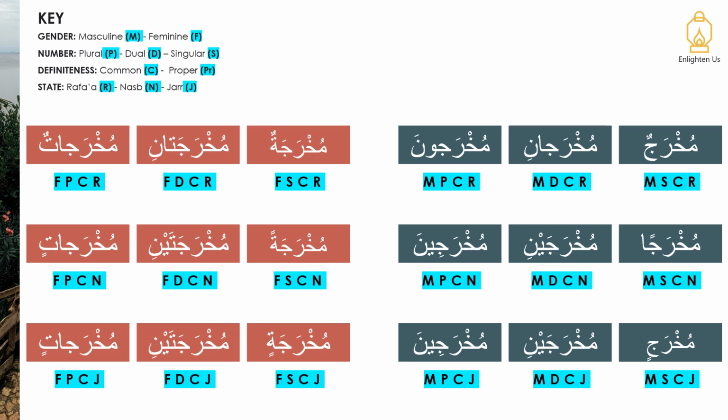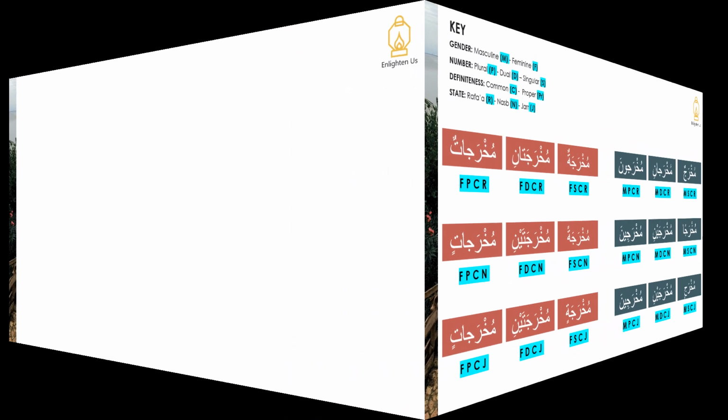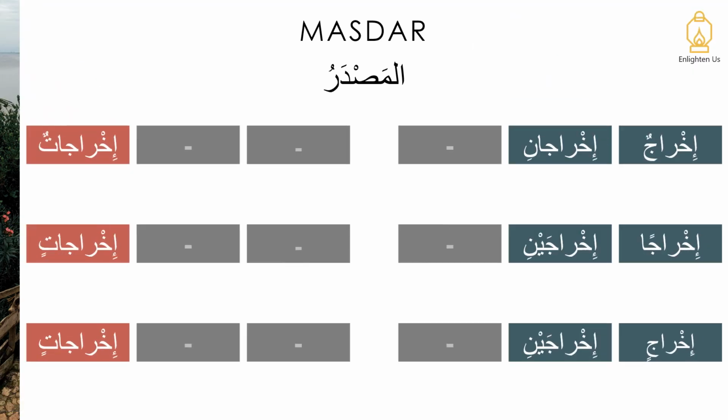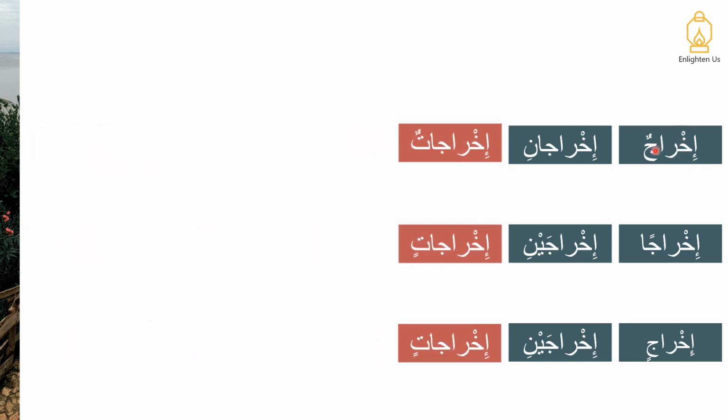Now let's have a look at our last ism category, and that's the masdar. The masdar is quite interesting because we're going to be expanding on this word, إخراج, but what you'll notice is that we have إخراج, إخراجان, إخراجين, and then to pluralize we have إخراجات.